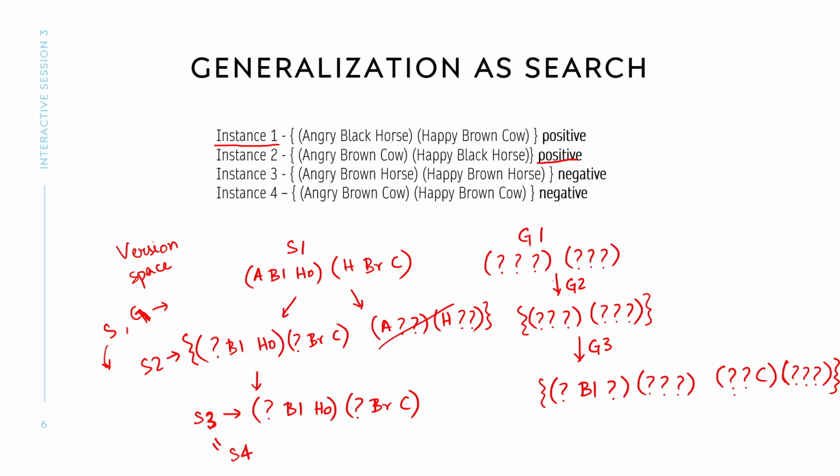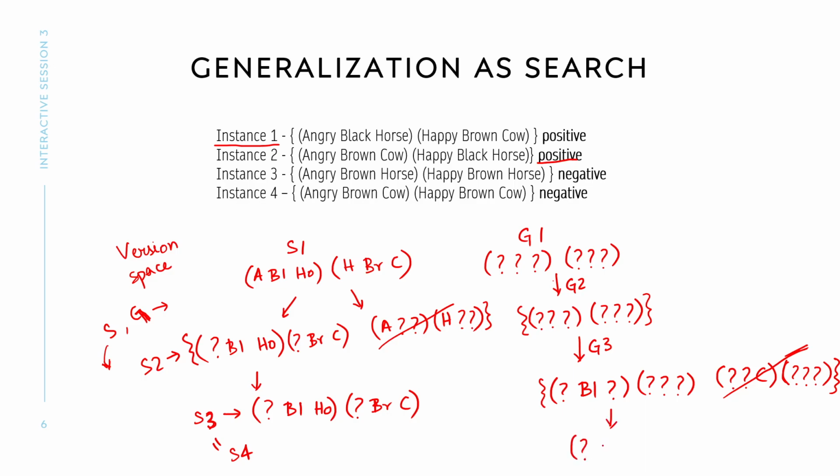So I think this one will not work. So this will get deleted because we have something, something cow, and something, something, something. So three wildcards. This generalization is working for this instance 4. We don't want it to work, so we'll just remove it. But yes, this one works.